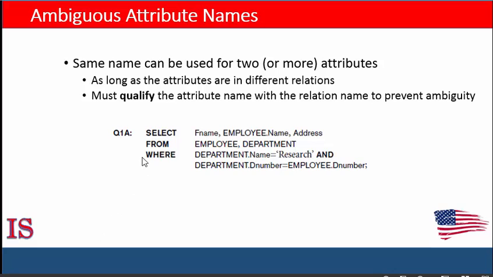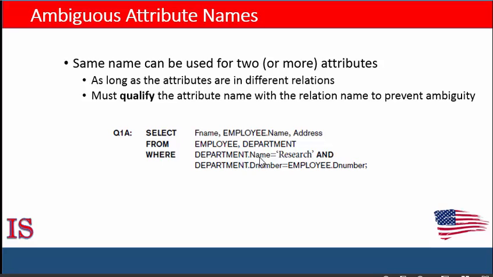Here's an example. We got select fname, comma, employee.name. There you see it's qualifying which name attribute it really wants to retrieve, and then comma address. And this is being retrieved from the employee table and the department table. And the where statement says where department.name, there you go, qualifying an attribute called name because it's in the department table this time.